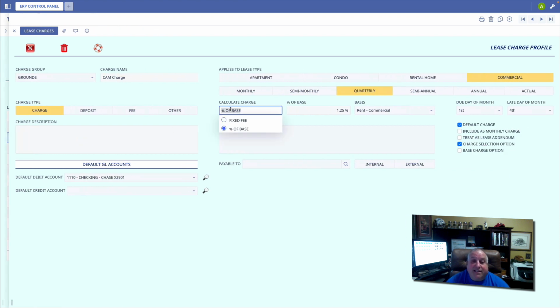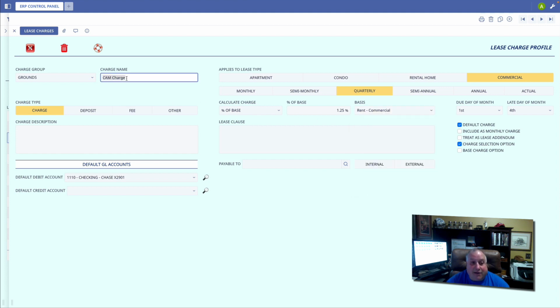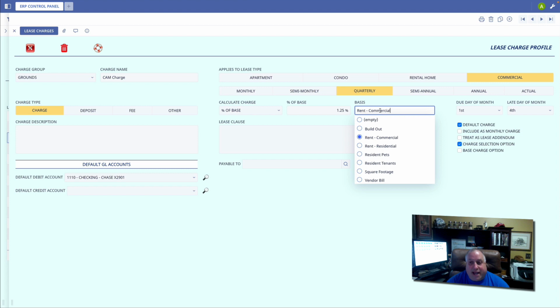Here, instead of having it be a fixed fee, it's a percentage of a base. And in this case, the base is the actual commercial rent. Specifically, the Common Area Maintenance Charge is 1.25% of the total commercial rent for a particular property.